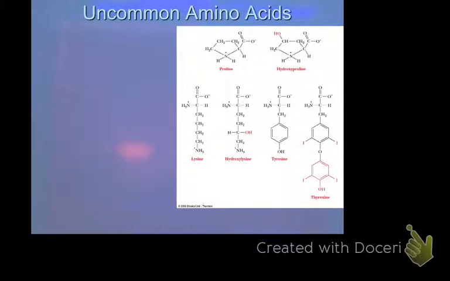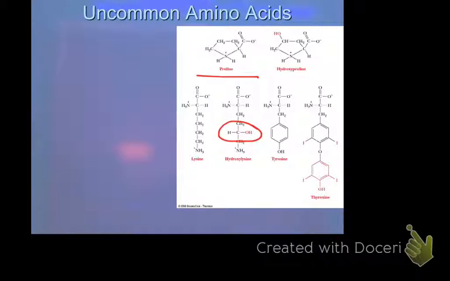Proline gets hydroxylated, so it gets an alcohol added on to one of the carbons, and it makes hydroxyproline, which, why would that be important? What can that proline now do that the original proline could not do? Hydrogen bond. And we're going to find out it's very, very specific why that's important. Likewise, we have hydroxylysine, where it too can hydrogen bond now, because it has this alcohol group hanging off of the end.